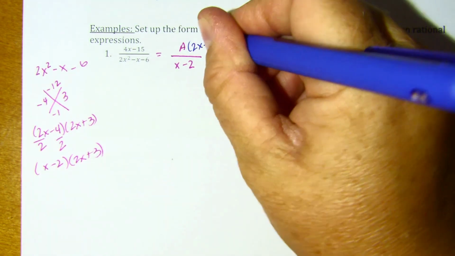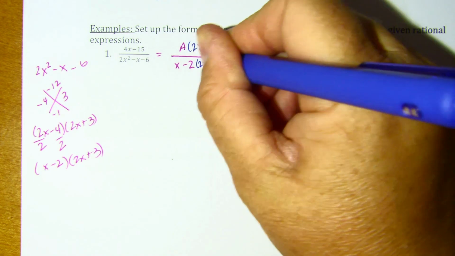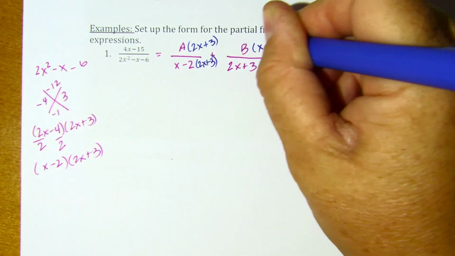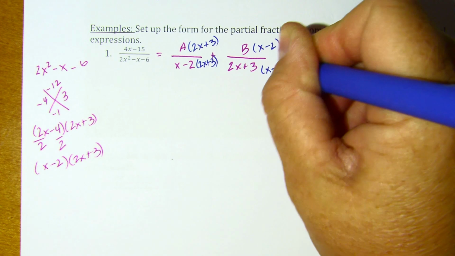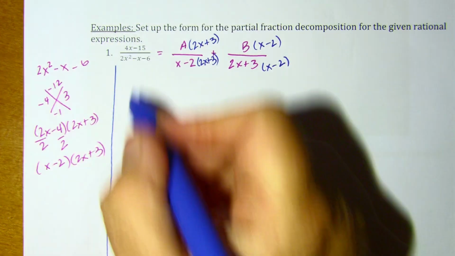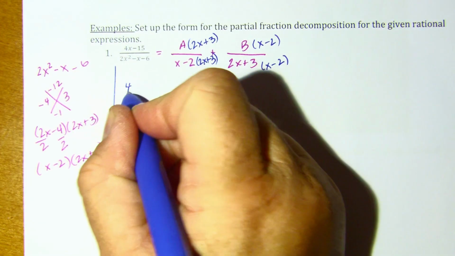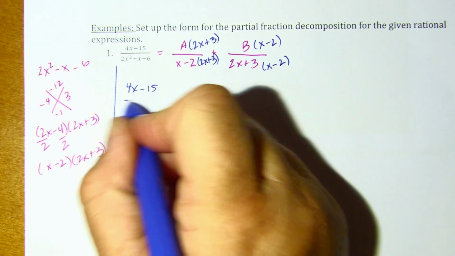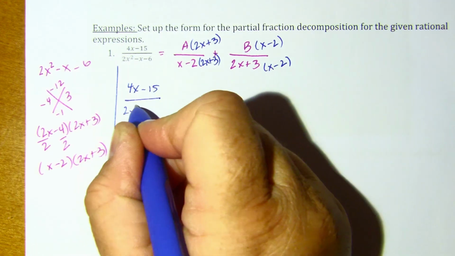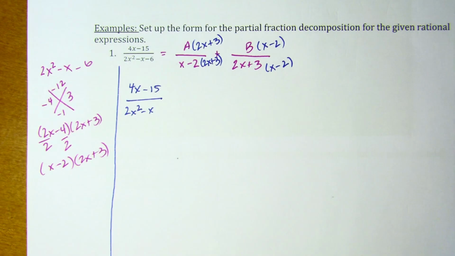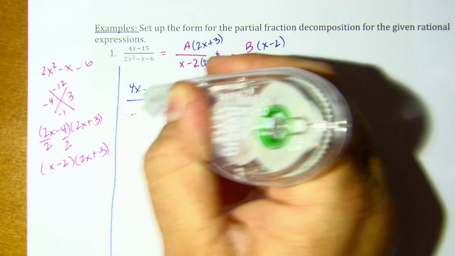So that's what we're going to do. 2x plus 3, and x minus 2. And what I have then, on this side, I have 4x minus 15 over 2x squared minus x minus 6. And actually, I'm going to write the factored version.